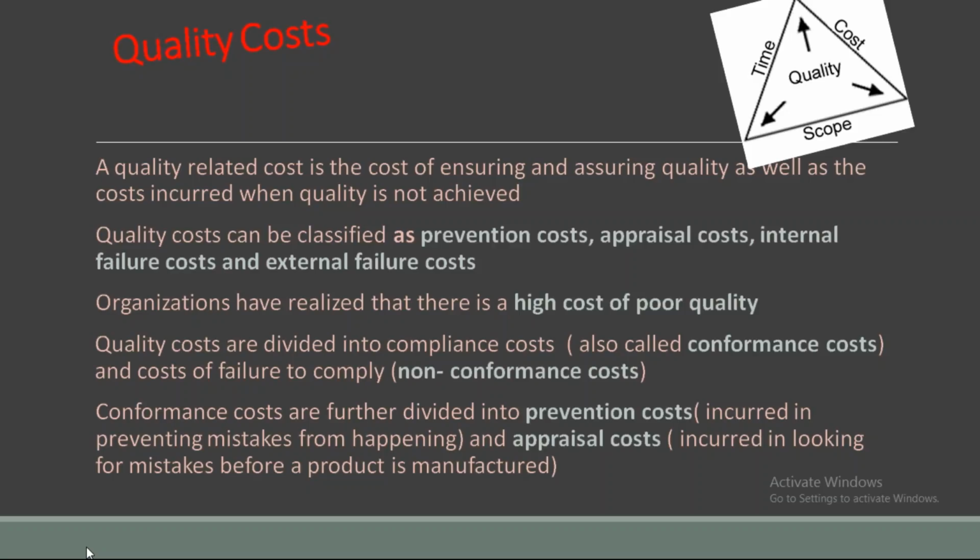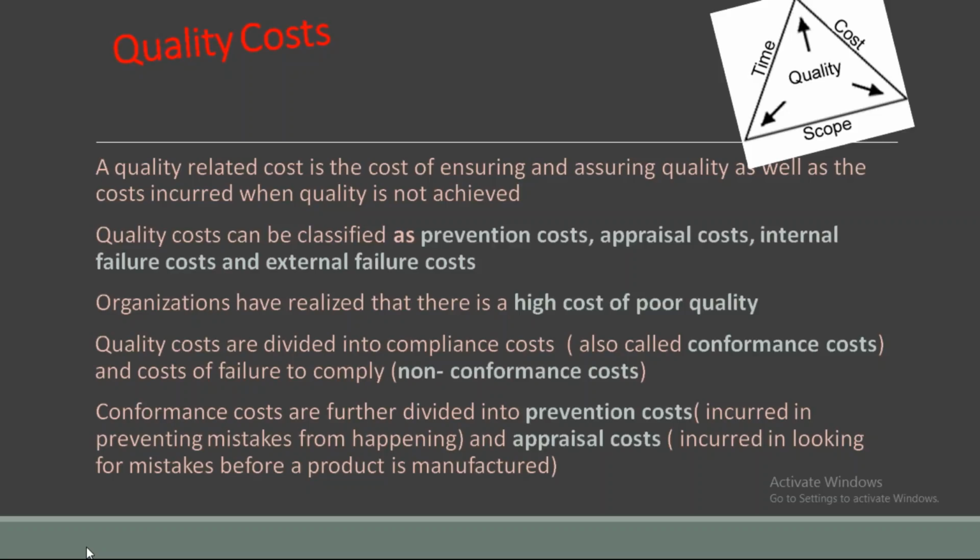You remember a couple of years back, Toyota introduced a particular vehicle model, but it was completely not of quality. It went into the market and they had to pull it out. So when you pull out, you have to get the product reshipped, all that kind of thing. And that kind of external failure cost can be very, very huge.